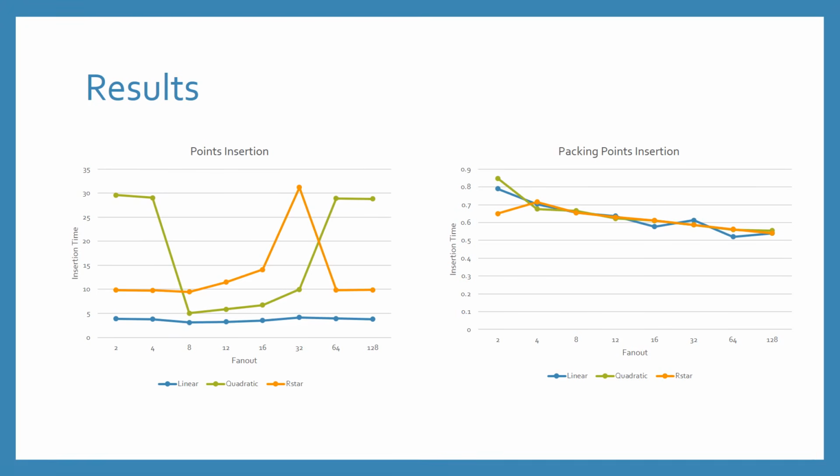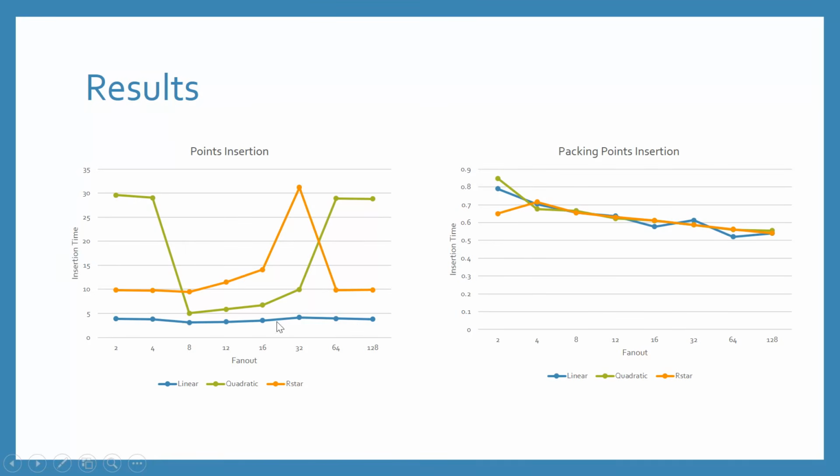These are some of the results that we calculated based on normal insertion and insertion using the packing algorithm. And the splitting algorithms that we used were linear, quadratic, and R star for different fan outs.